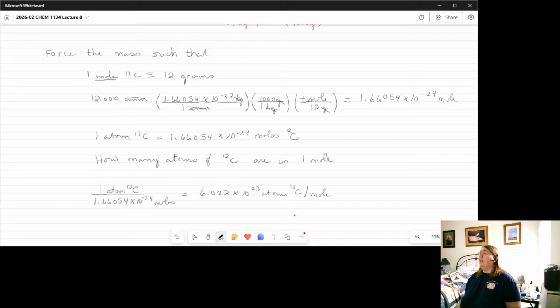And we are just going to define this as a new constant called Avogadro's number. And we are going to scale the masses of every compound relative to this number.